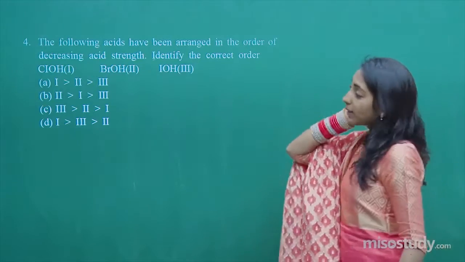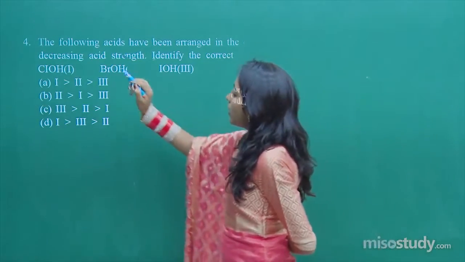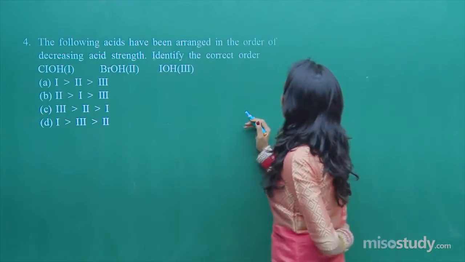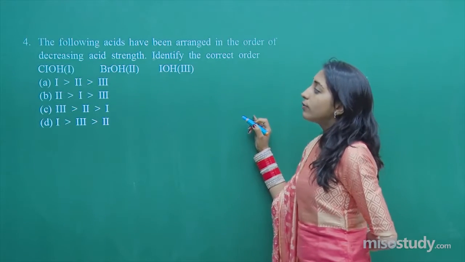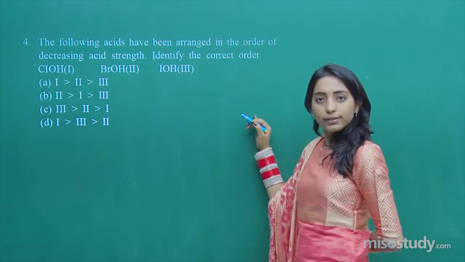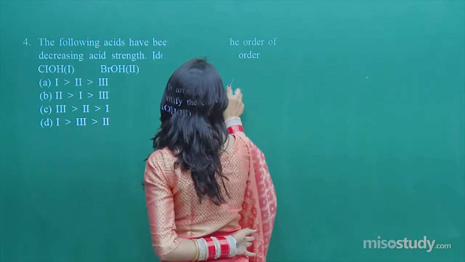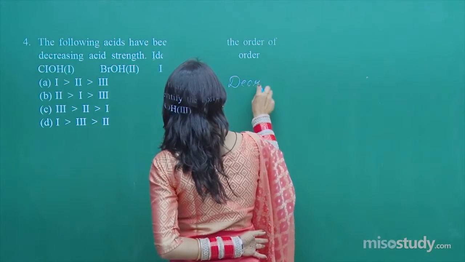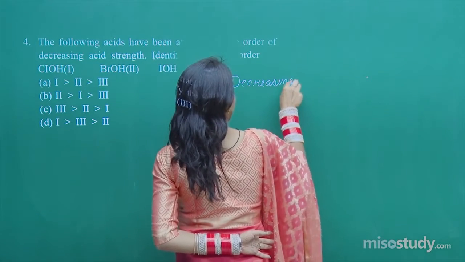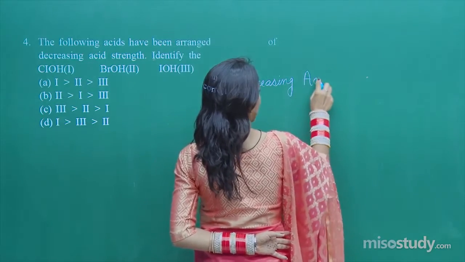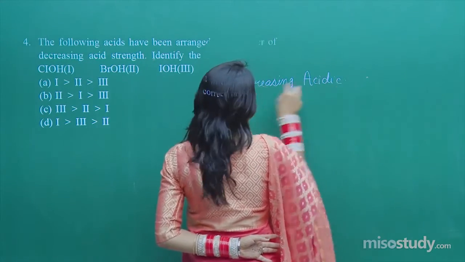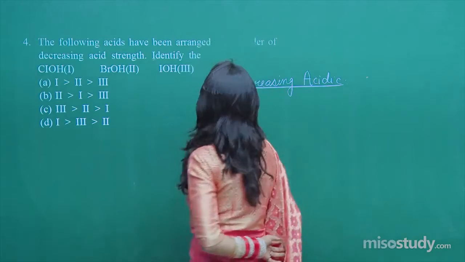This time the next question says, the following acids have been arranged in the order of decreasing acidic nature.